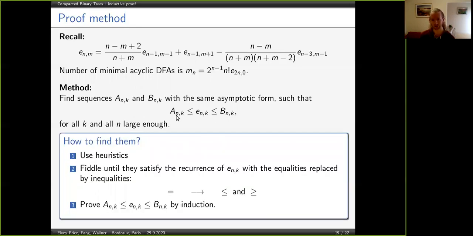So the way we find this A and B is we use the heuristics to decide on forms for them. Then we fiddle with the form of A and B until they satisfy the recurrence with the equality replaced by inequalities. And finally, we can prove the inequalities by induction.